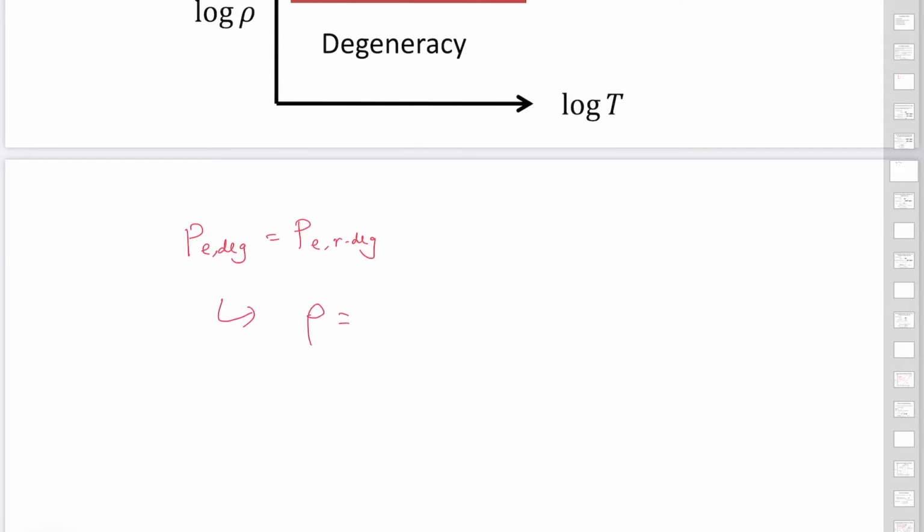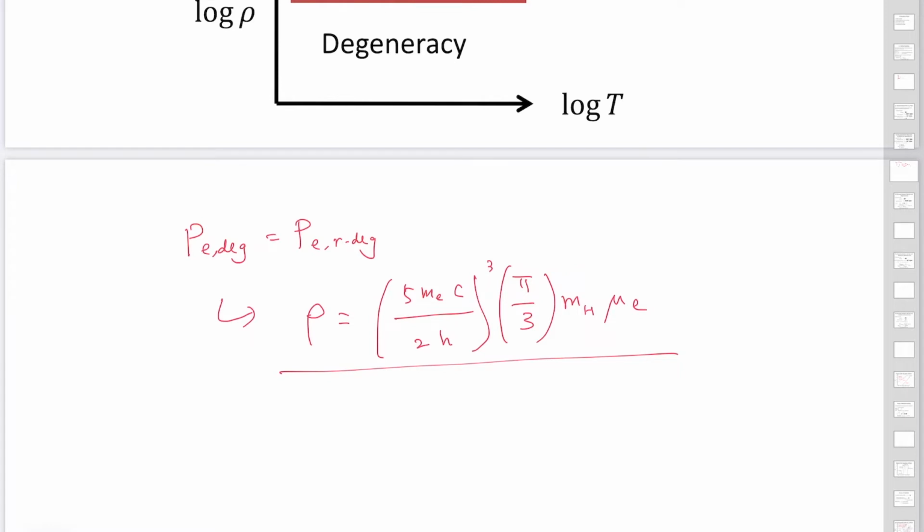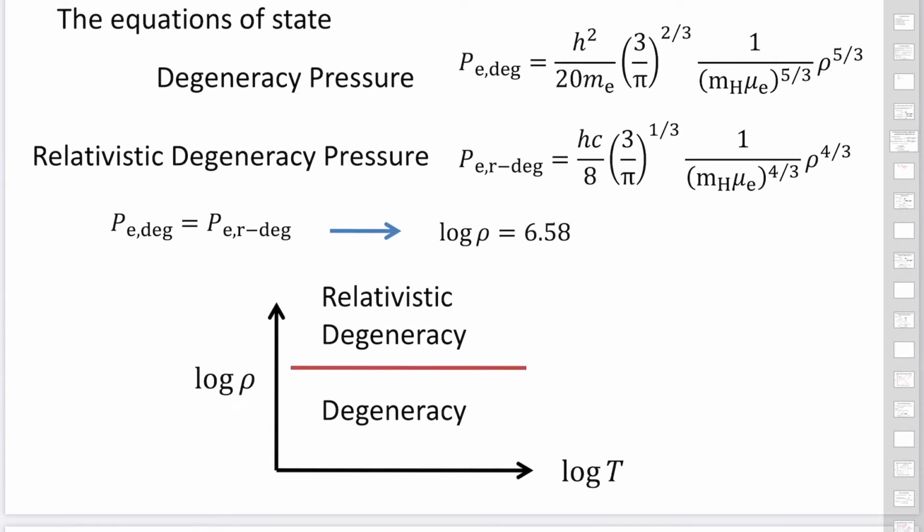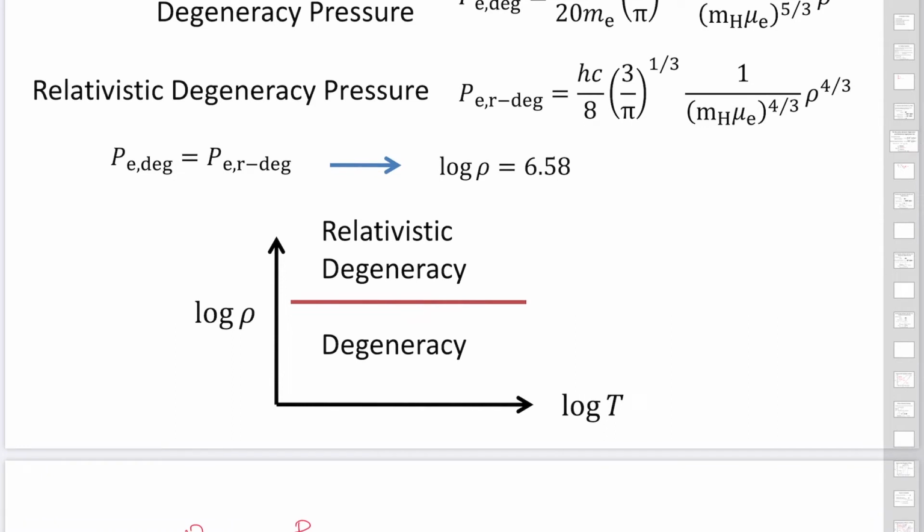Rho is expressed as 5 m_e c over 2h cubed times pi over 3 m_H mu_e. So you can express the density. So density becomes a constant value, independent of the temperature. The unit of the density is grams per cubic centimeter.